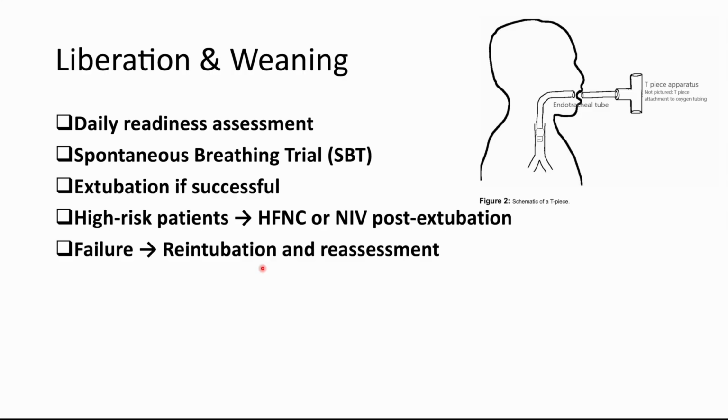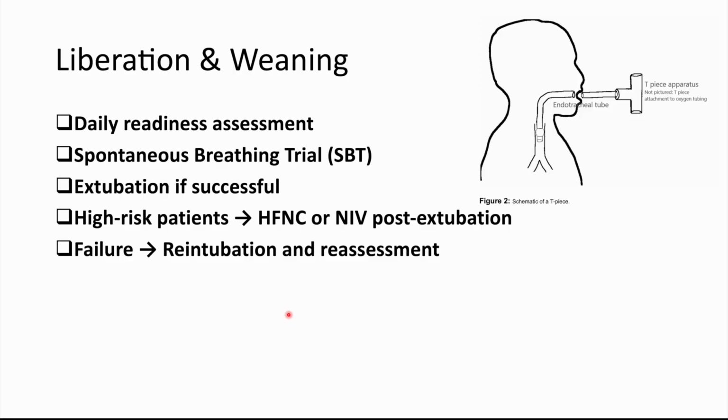So it will worsen the case. So there are things to do before weaning. What we do is daily readiness assessment, spontaneous breathing trials, and extubation if successful. And in high risk patients we do HFNC or NIV post extubation. In failure we do re-intubation and reassessment.